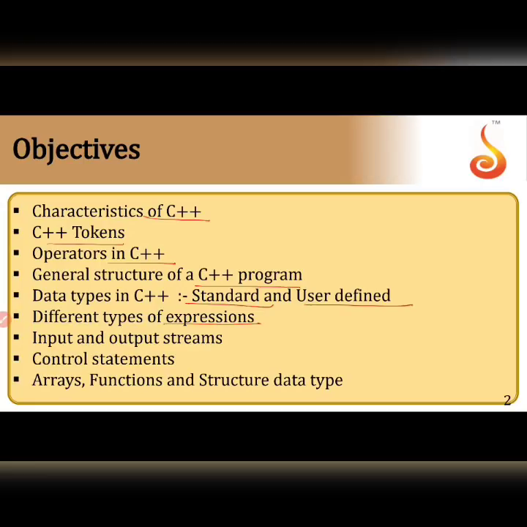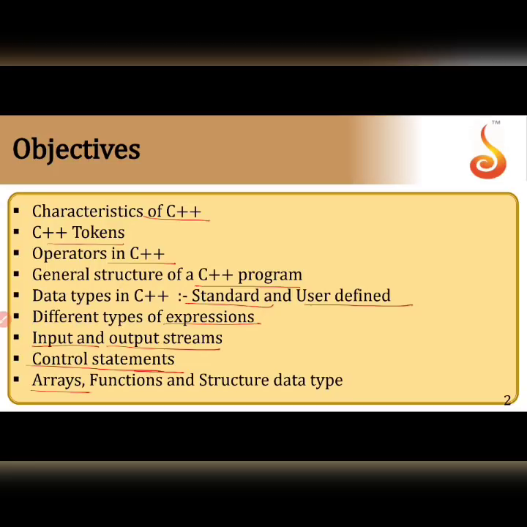Input output streams, as we all know, input and output is very important. So how to write to a program and write from a program, that is you're giving input to a program and getting a desired output from a program. Then control statements, what are the different types of control statements available, their general structure, syntax, where to use it and how to use it.